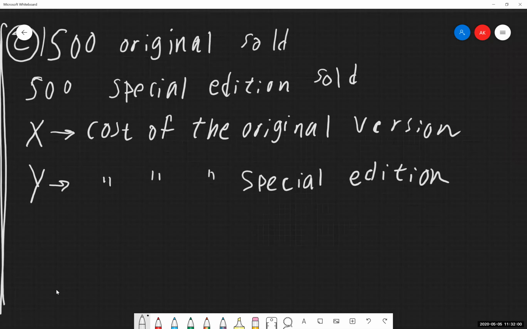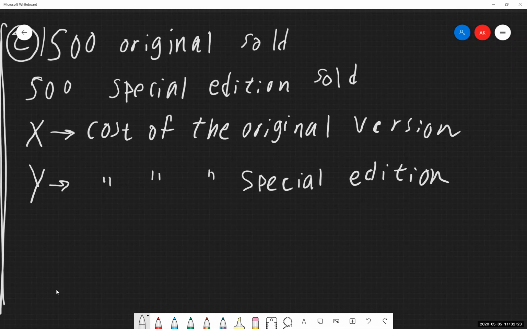Okay, so we have our amounts of each that were sold. We have the cost of each version as well. And then we're looking through this to see what else we've been given. We're told Blizzard earned a total of $77,500 at the end of these 2 weeks. How much should each version of the game cost?